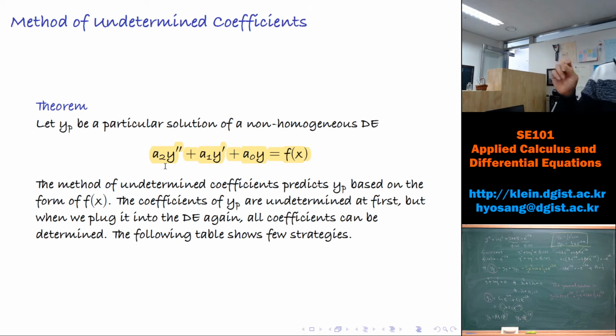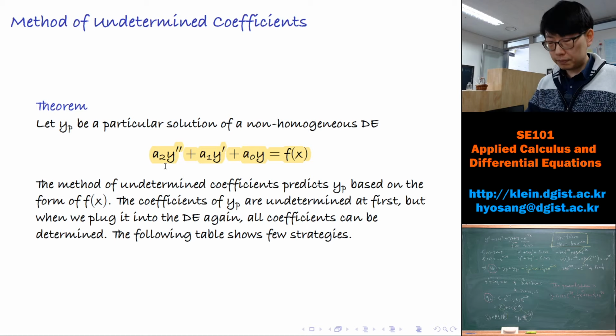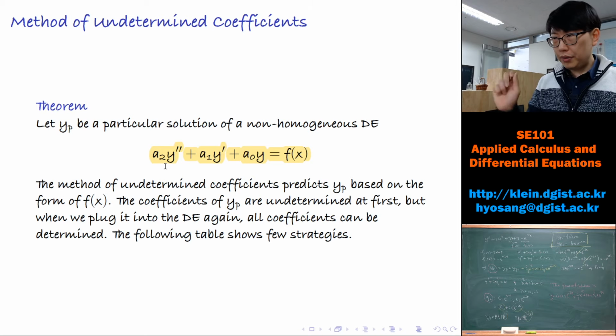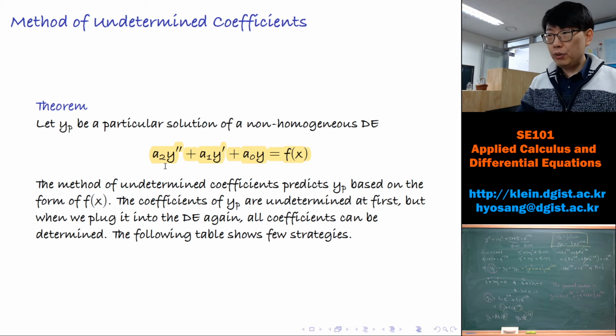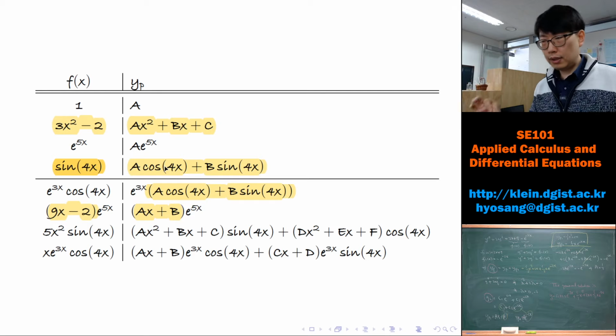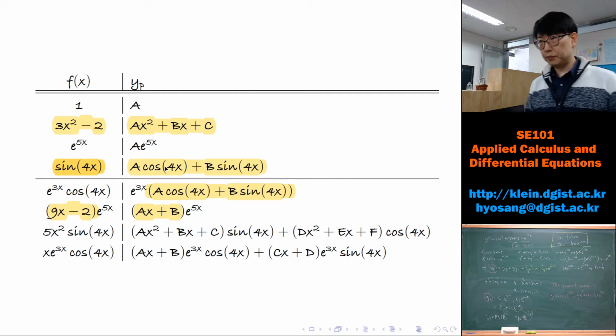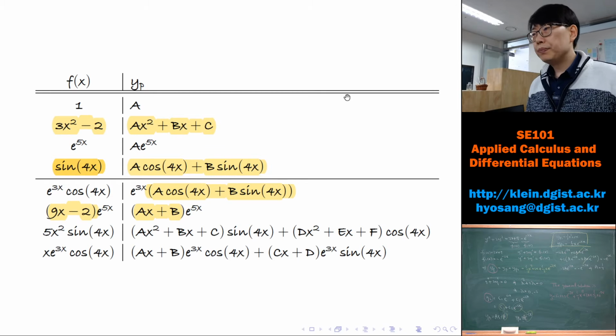So if you have a log in f(x), you don't use undetermined coefficients. You have to use another method. The undetermined coefficient method only works for constants, polynomials, exponentials, sinusoidal functions, or mixtures of those functions, not log functions. Good question.